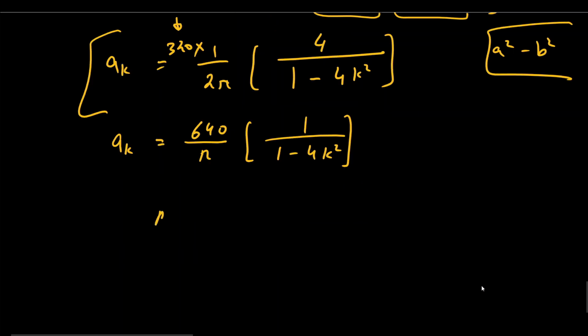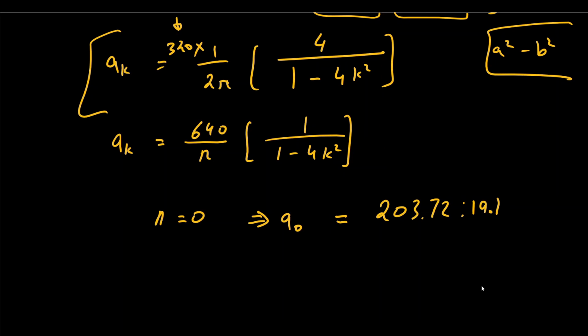Now from here the DC value, that is when n is equal to 0, this would mean that our a0 is 203.72. Also the absolute value of a0 would remain the same, that is 203.72.